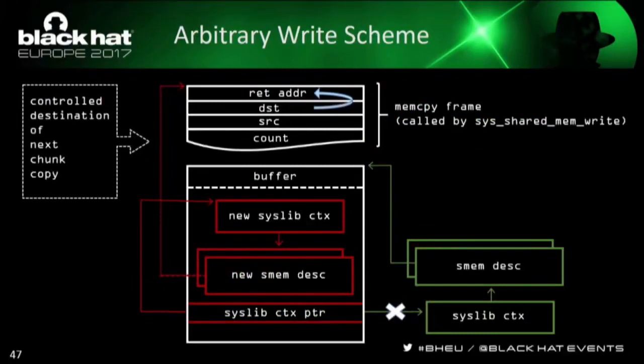You can see in the scheme how we rewrite the syslib context pointer. Now we can make our structures point to anything else in the address space to write by these functions.